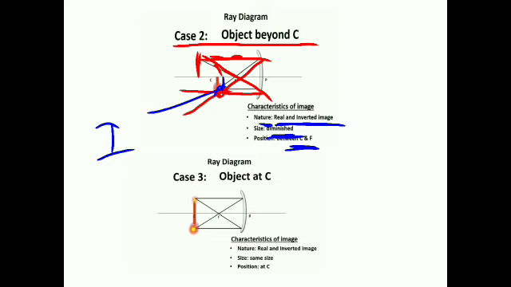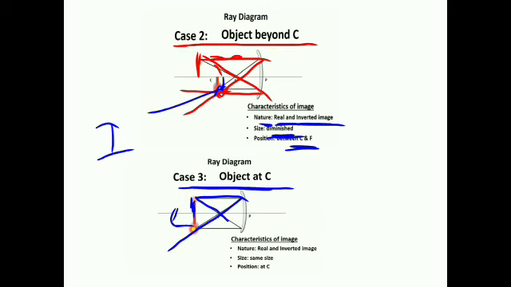Case 3, object at C. So here we place the candle at C, center of curvature. R1, this is the ray parallel to the principal axis, after reflection passes through focal point.